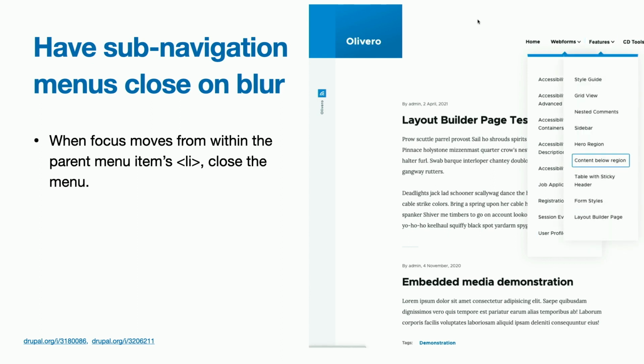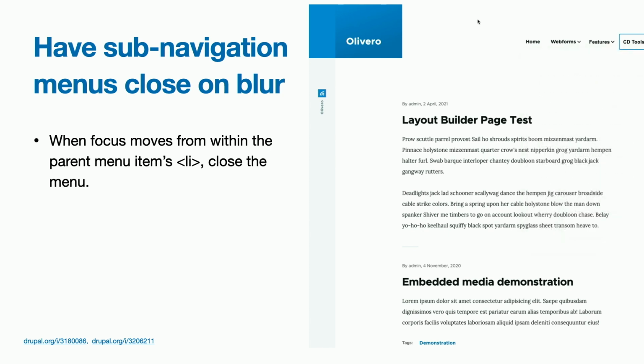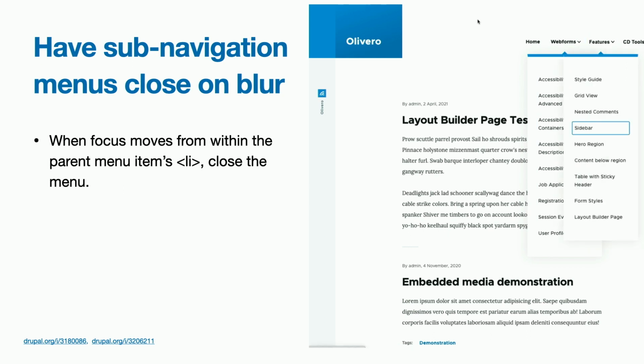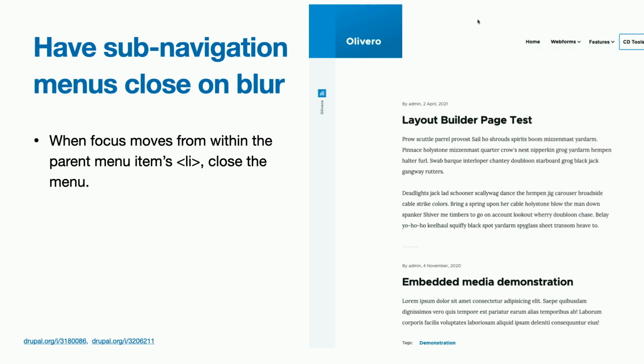So we had another issue. We needed to have the sub-navigation close on blur. Blur is almost like the opposite of focus. If focus moves away, we need to close those sub-navigation items because, to tell you the truth, something underneath might have focus, and at that point, once again, we're going to have a focus visible issue.